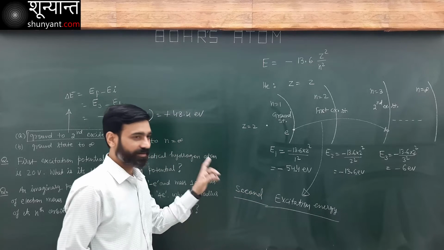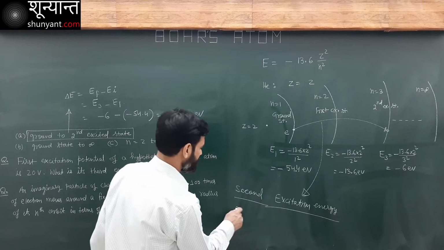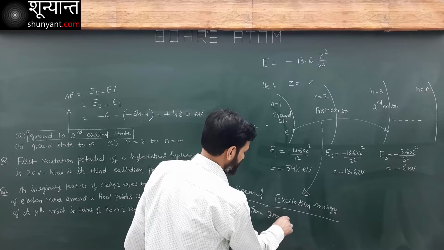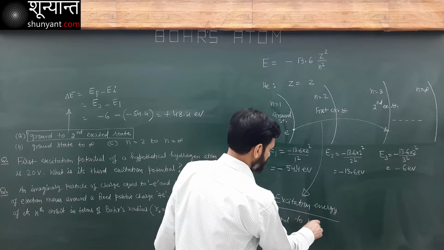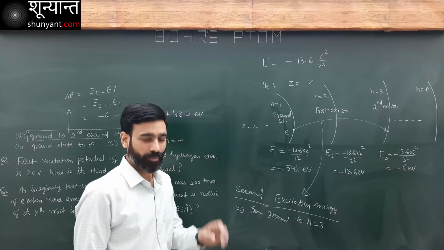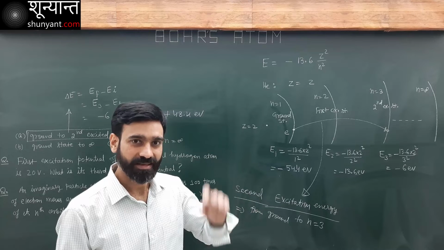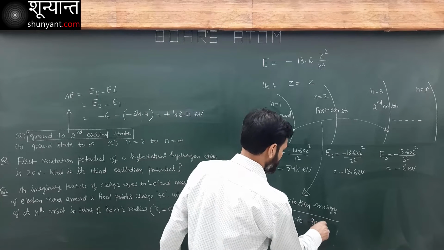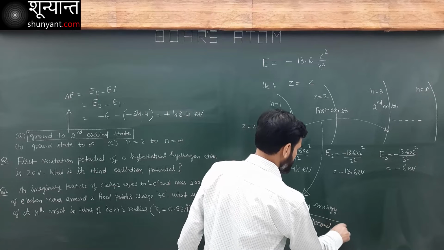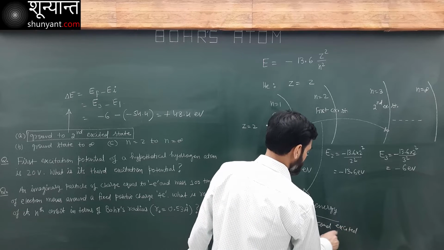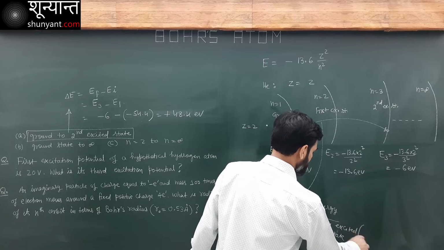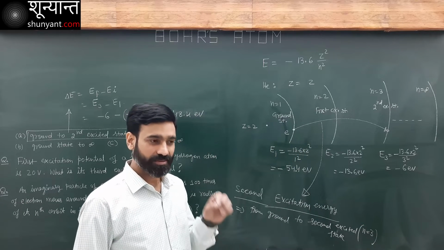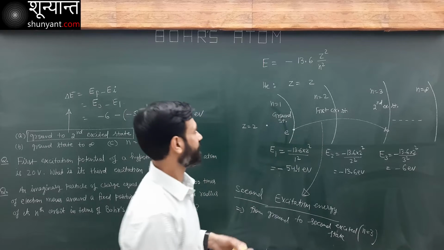That means from ground to n equal to 3, from ground to second excited state, is the second excitation energy.